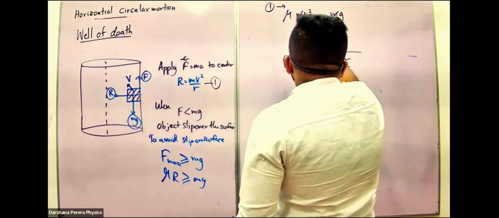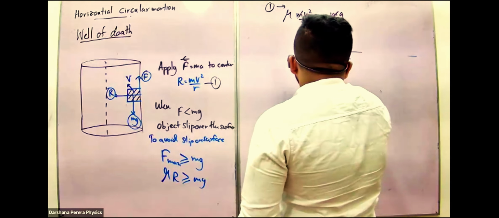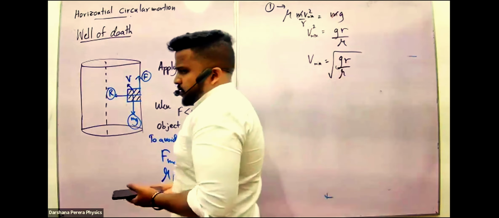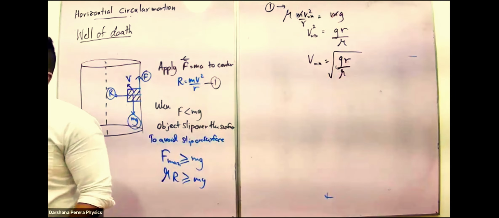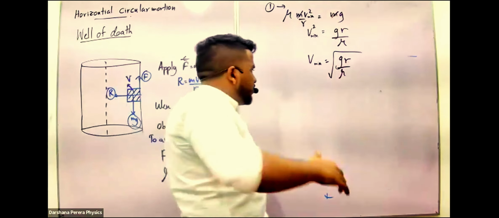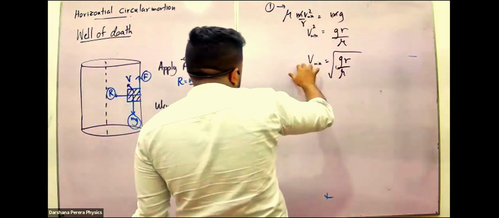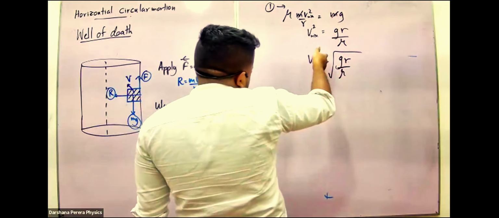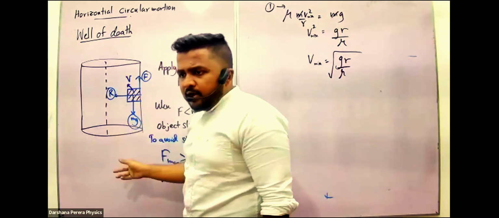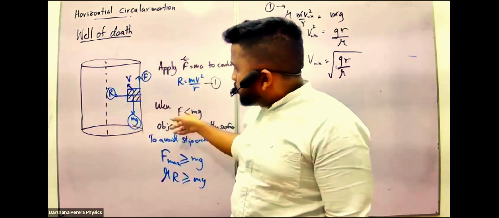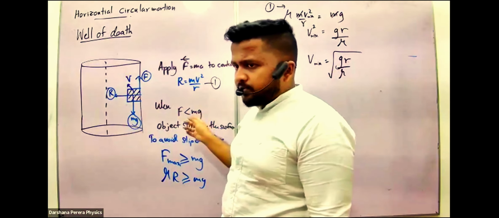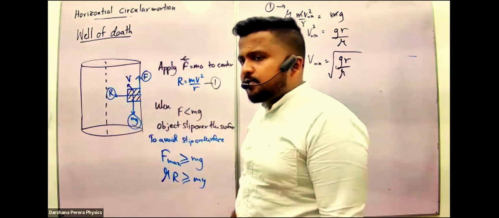This is the minimum speed that can be traveled in the motor road or the well of death. Why? If we reduce below this, the object will fall, because the friction force gets reduced and it slips over the surface.